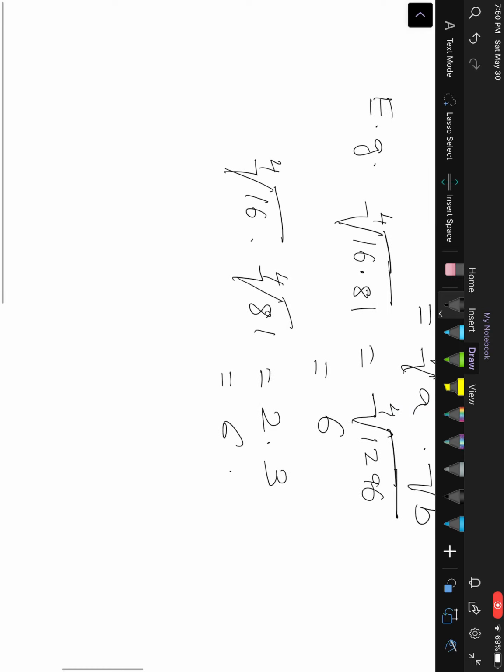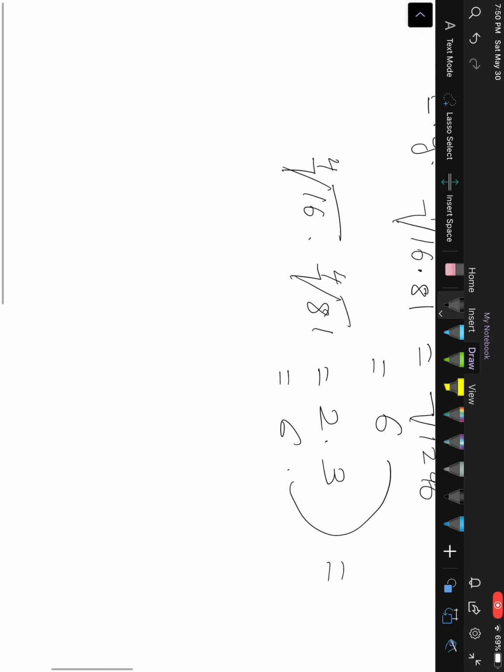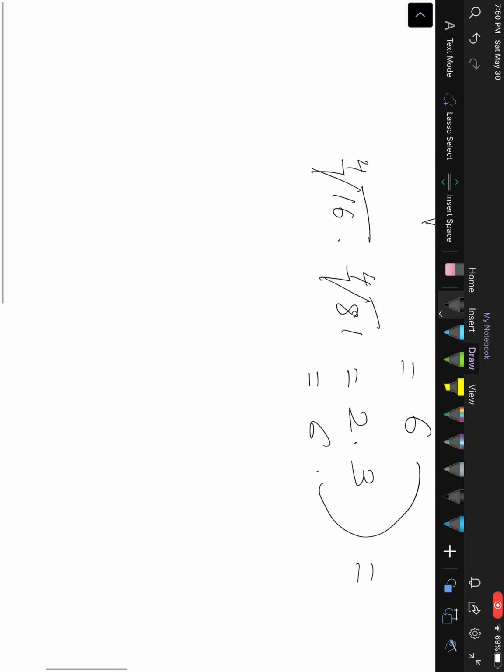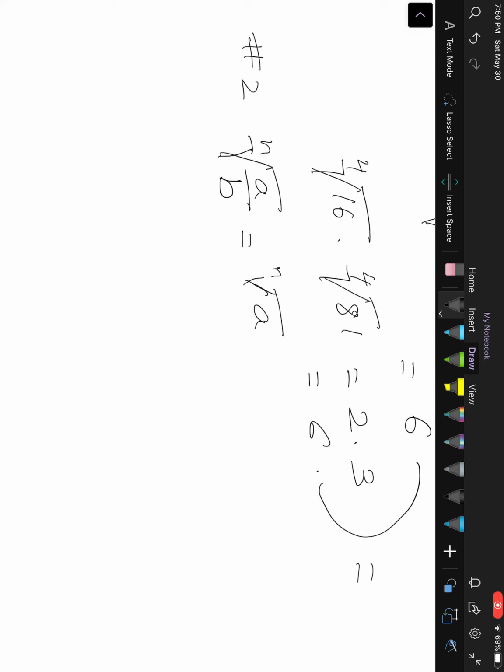Okay, so that means we have the LHS and RHS equal and the first property is true. So now we will state the second property, that is the nth root of a over b. Again here, as we did above, we can distribute the nth root to a, that is the numerator, as well as to the denominator.